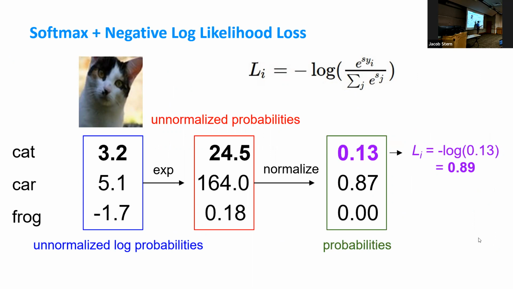Yeah, so you would be right if we defined Y as a vector. But in this case, we're just saying Y is an integer. YJ is an integer representing the correct class. So if the correct class was fraud, then YJ would be 2.